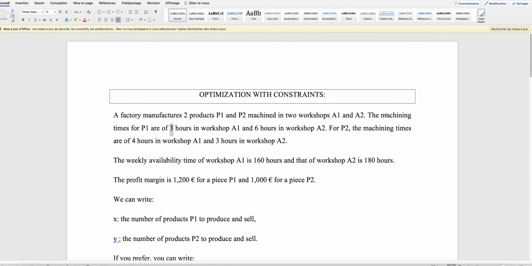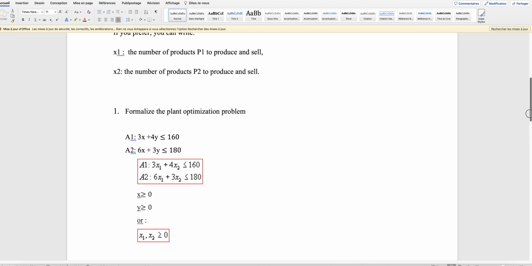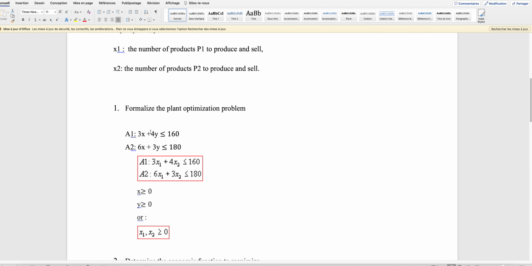We need in workshop A1 4 hours, so we add 4y, or 4x2, and 3x plus 4y is under or equal to 160 hours. We write the first inequation.